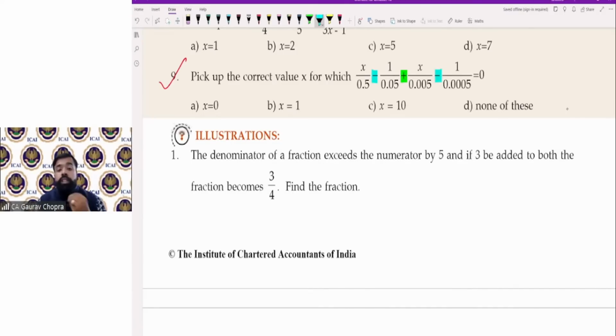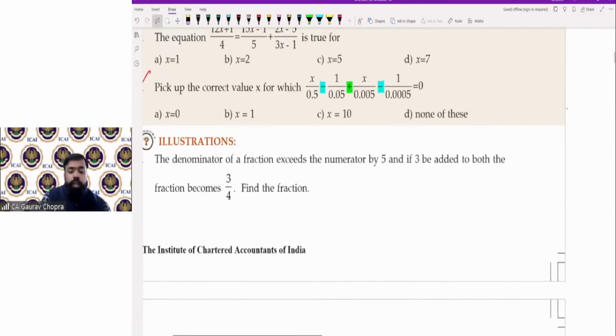So what shall we substitute in place of x so that this whole thing cancels out? See, it's very easy. You can clearly see that the difference is only in multiples of 10. If 0.05 is multiplied by 10, it becomes 0.5.